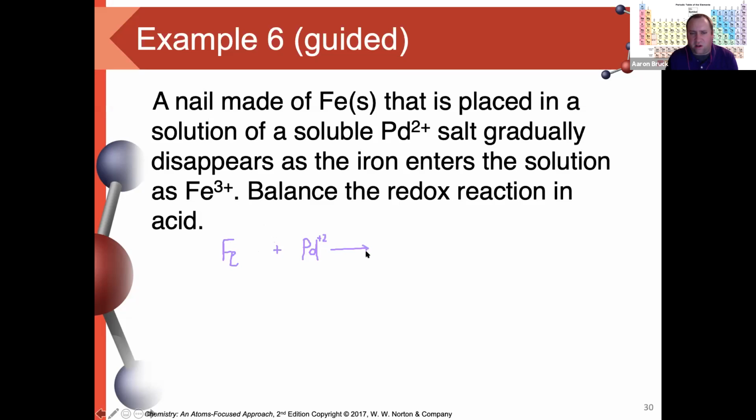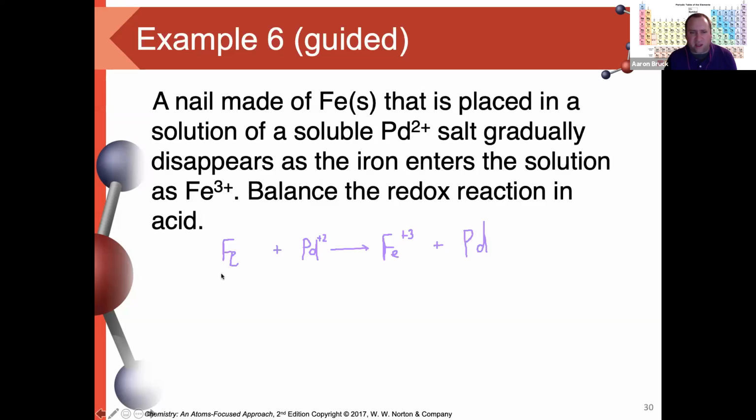And I know that it turns into iron 3+. And it doesn't tell us, but we're pretty safe to assume, because palladium only has 2 well-known oxidation states, that the other state here is going to be solid palladium.